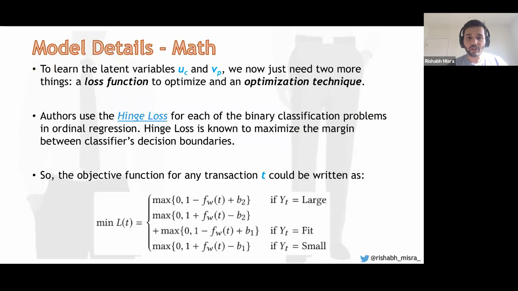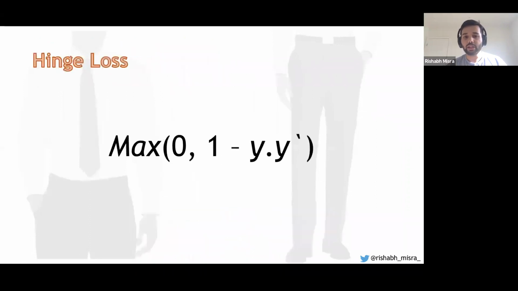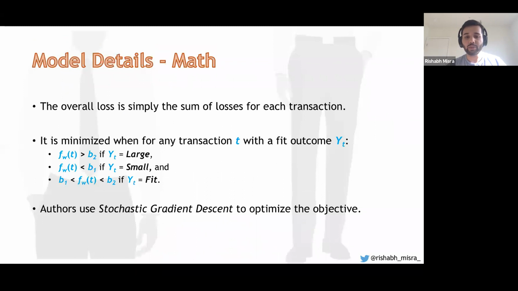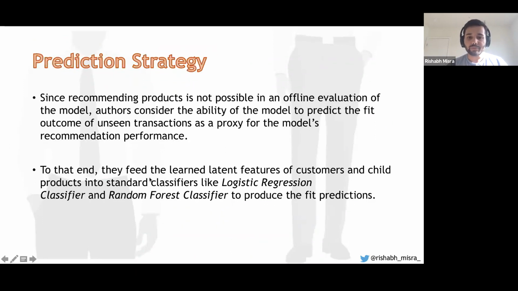So for each transaction, we have two features, UC and VP. These became features for our logistic regression classifier, and finally, the label was the fit outcome. And that produced the final prediction.